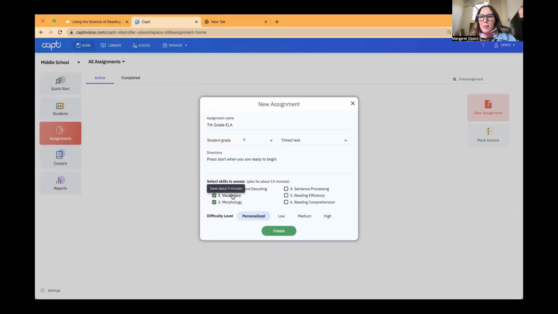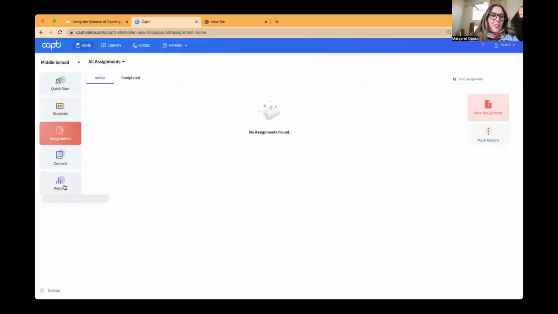Vocabulary should take about 9 minutes, and morphology about 10. For the difficulty level, I'm selecting personalized, because after students take the first assessment with Capti Assess, the next time they take it, it will match them to the appropriate difficulty level per subtest. So I select create. I'm not going to create that one today.